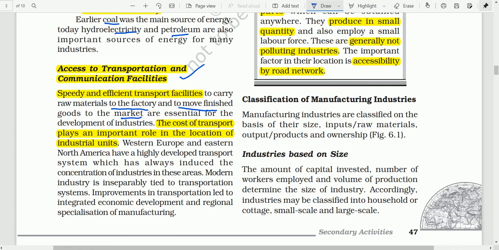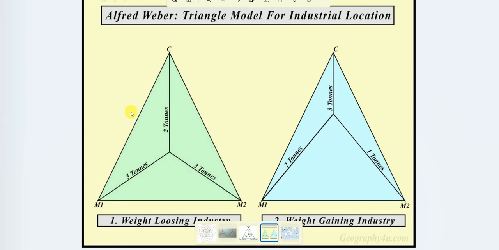Western Europe and Eastern North America have a highly developed transport system, which has always induced the concentration of industries in these areas. This Western Europe and Northeastern America, we may see here.